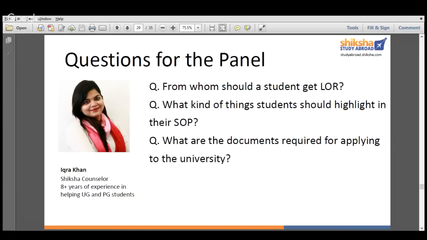They should be connected. Students should also talk about the country and university, why the student is attracted towards pursuing their higher education from this particular university, why they want to go to that particular country, what they actually want to achieve out of that course. So these 4 or 5 points are very important to be covered and highlighted in your personal statement.